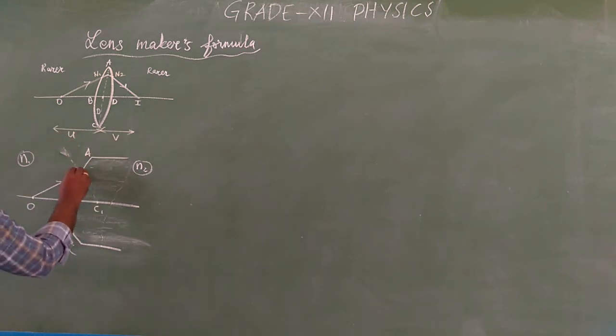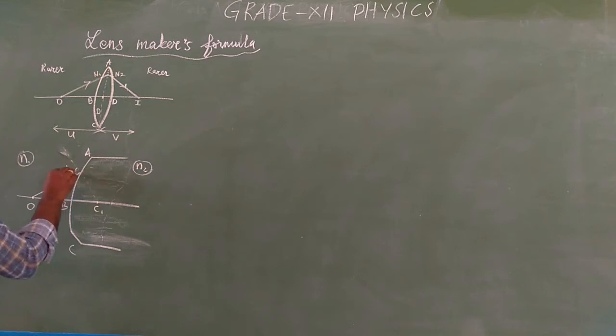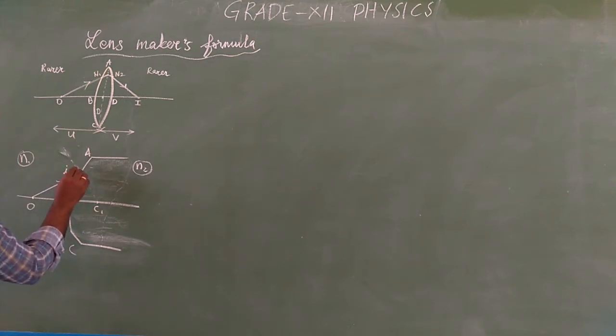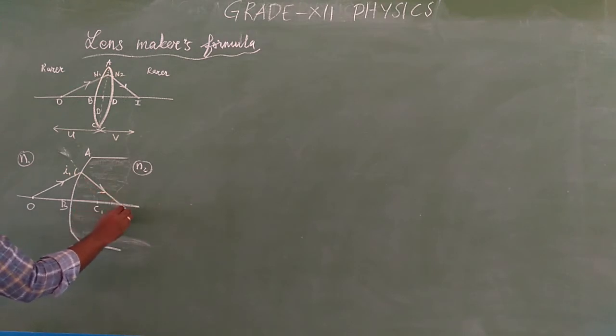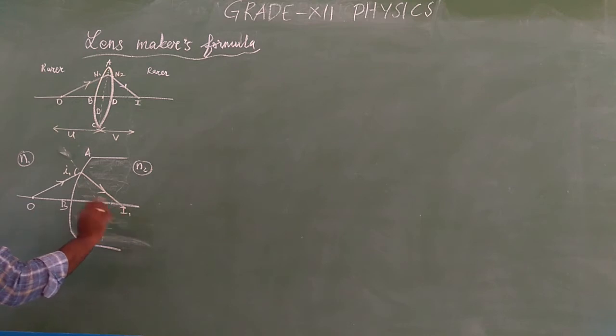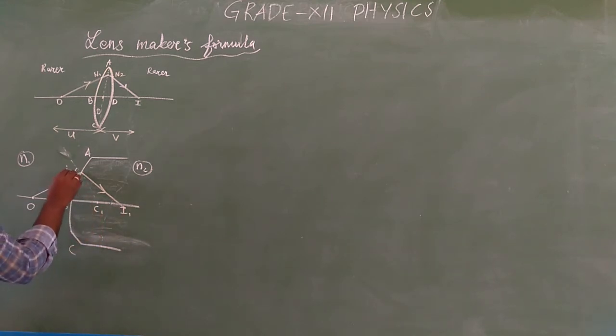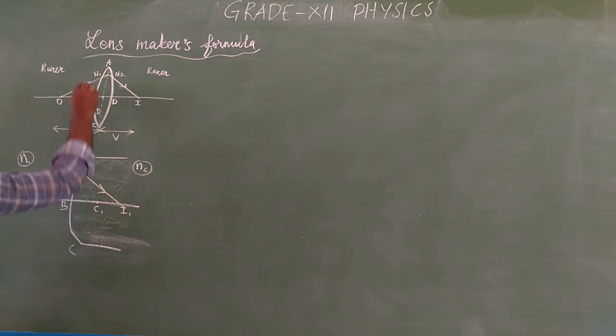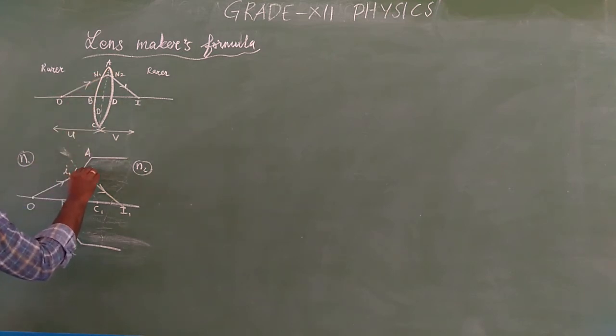To the normal, the incident ray makes the angle of incidence. Then the ray gets refracted because from rarer to denser it bends towards the normal. So the image is obtained for this first spherical surface at I1. The incident ray makes an angle to the normal, the angle of incidence, at the point of incidence N1.